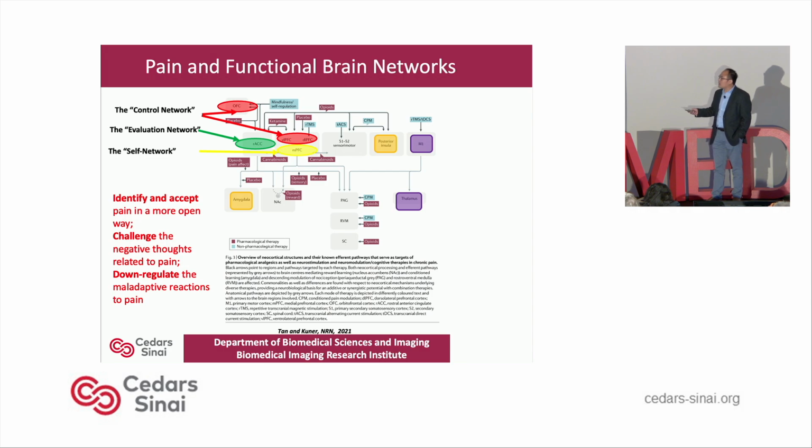By working with the evaluation and self network, as Omar said, as we know about how CBT works, it can try to let your brain identify the pain, accept the pain, and challenge the negative thoughts associated with the pain, and become more open to it, and sometimes even more positive to it.